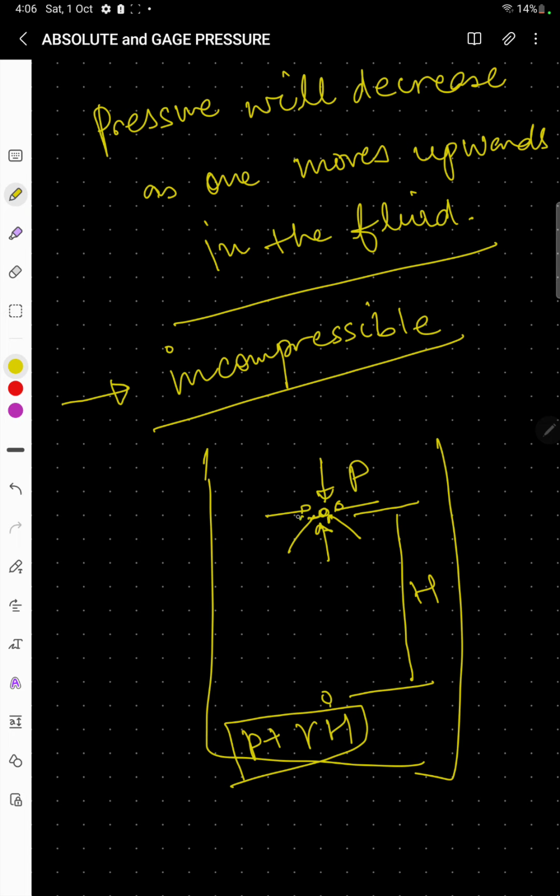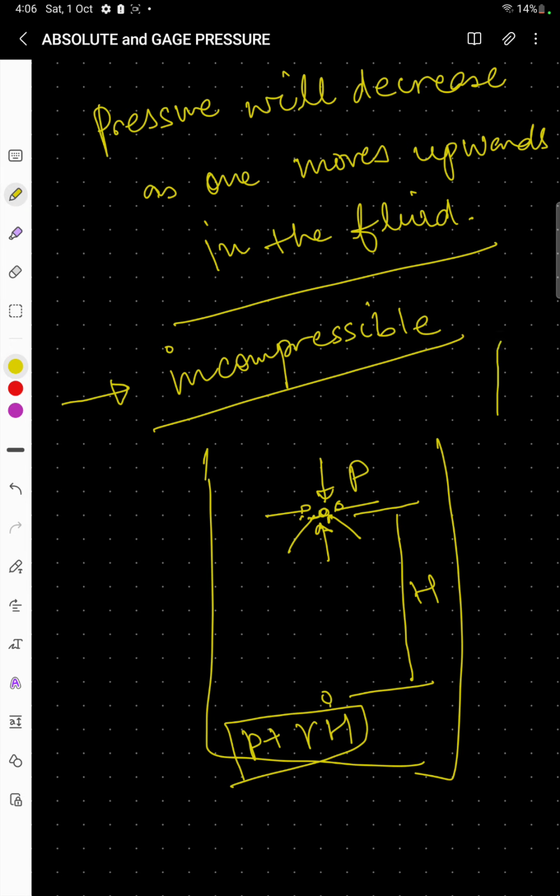So if pressure is changing, definitely density is going to be affected. If pressure is increasing, density will be higher at this location, and then the equation you got over there will not be as simple as in the previous derivation. So in order to simplify this, we assume the liquid is incompressible, so that the change in density with depth is not considered.